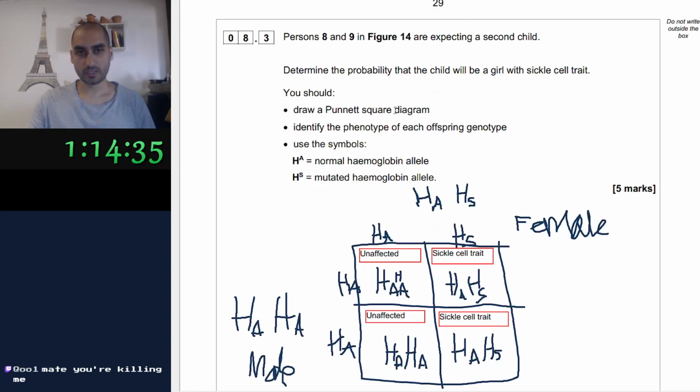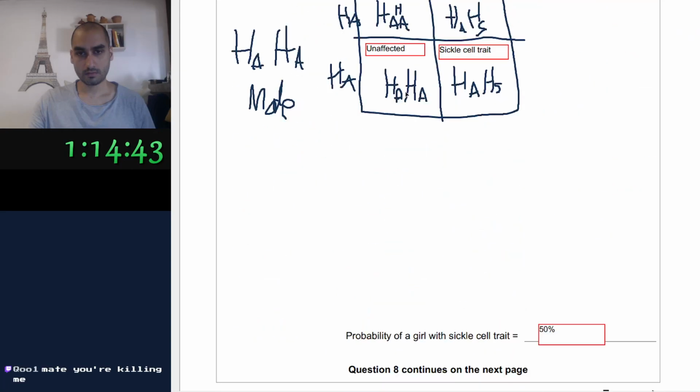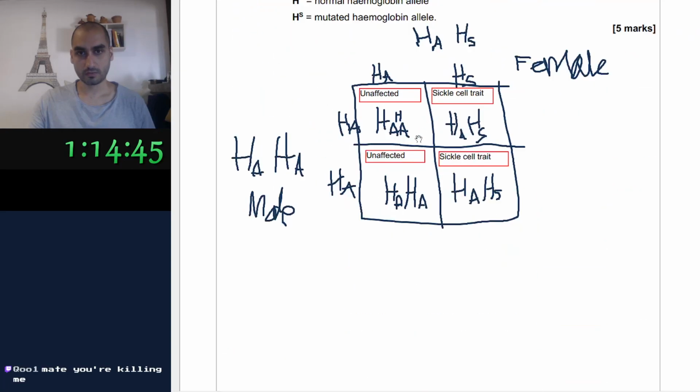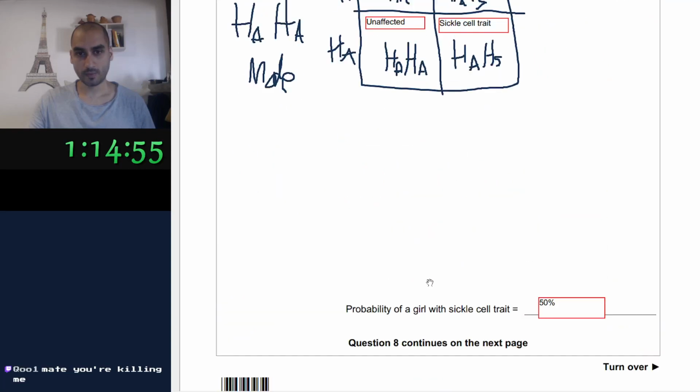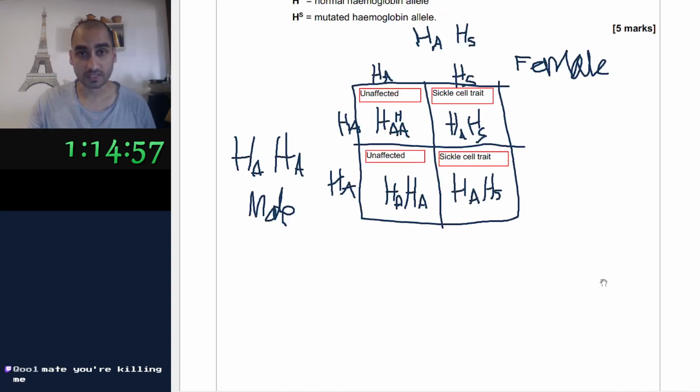Okay, I've drawn a square diagram. I've identified the phenotype of each offspring genotype. What more do I have to do? All right, we'll go with that, 50%. Probability of a girl with sickle cell trait.